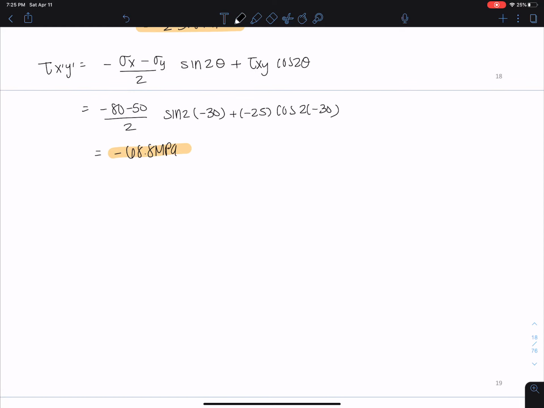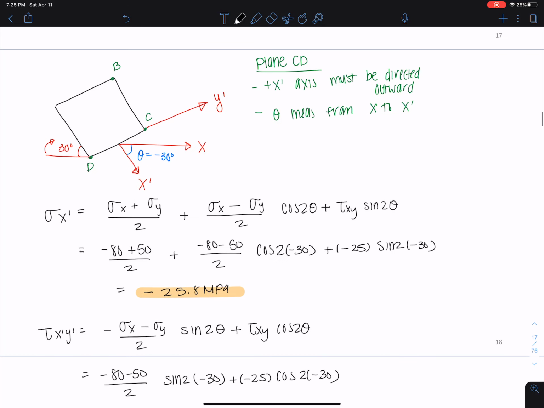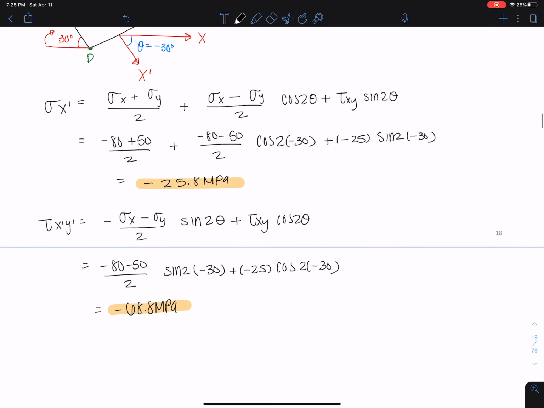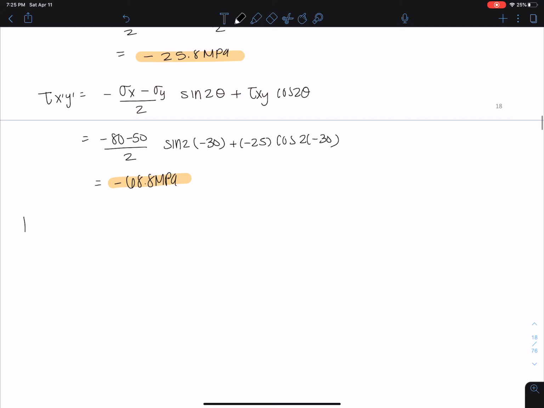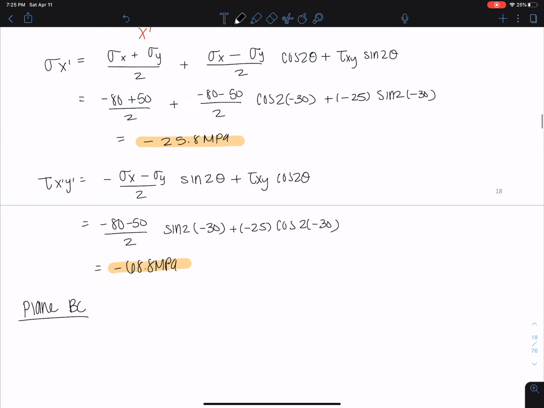Okay, now this is for plane CD. So we're going to now look at plane BC, because now our theta value is going to change.